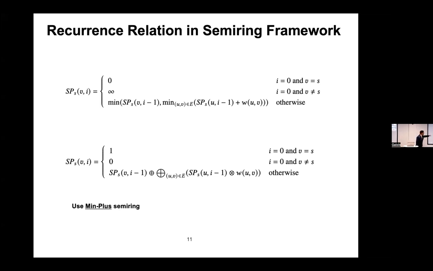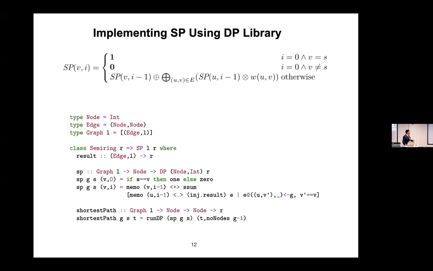But here we know that the recurrence relation is the min-plus semi-ring. So we have done a very syntactic transformation, taken a recurrence to a semi-ring recurrence. Now we have developed a library where you can take this semi-ring recurrence and convert it to just code. And doing this in a language like Haskell is kind of straightforward. So if you look at our code here, one is just one, semi-ring identity zero is simply zero.